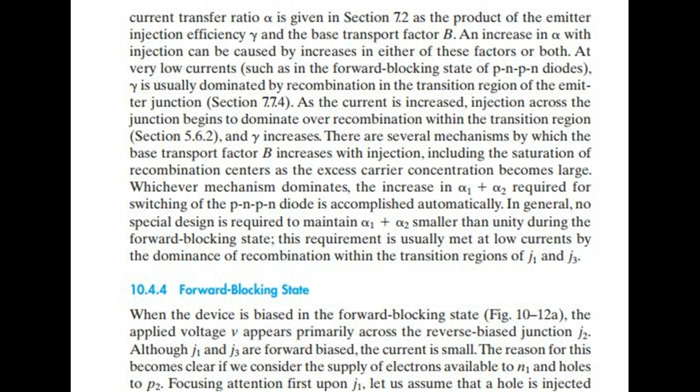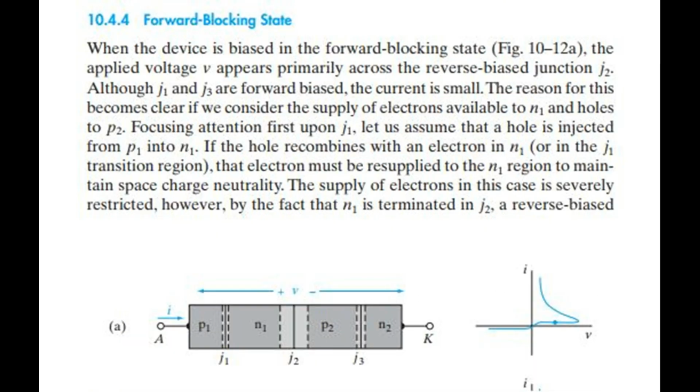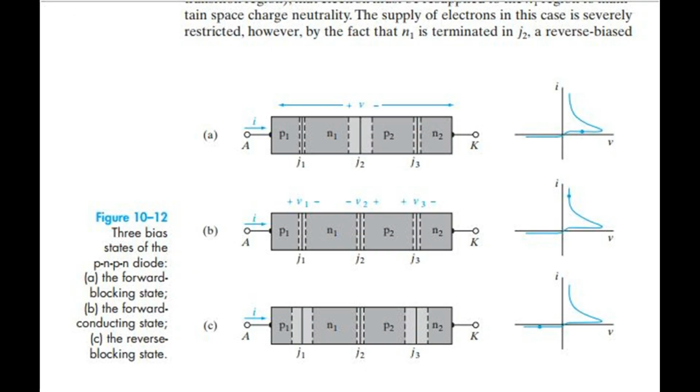Focusing attention first upon J1, let us assume that a hole is injected from P1 into N1. If the hole recombines with an electron in N1, or in the J1 transition region, that electron must be resupplied to the N1 region to maintain space charge neutrality. The supply of electrons in this case is severely restricted, however, by the fact that N1 is terminated in J2, a reverse biased junction.